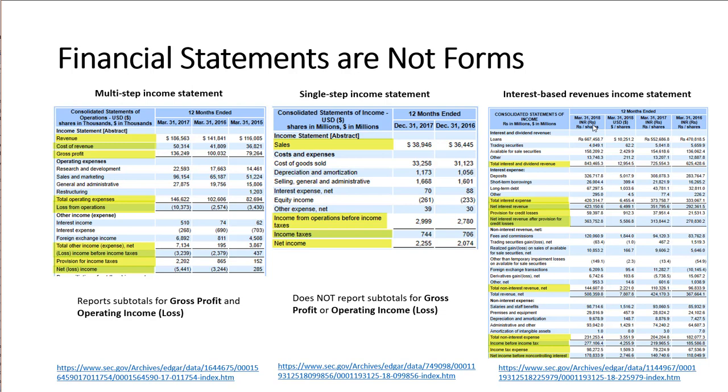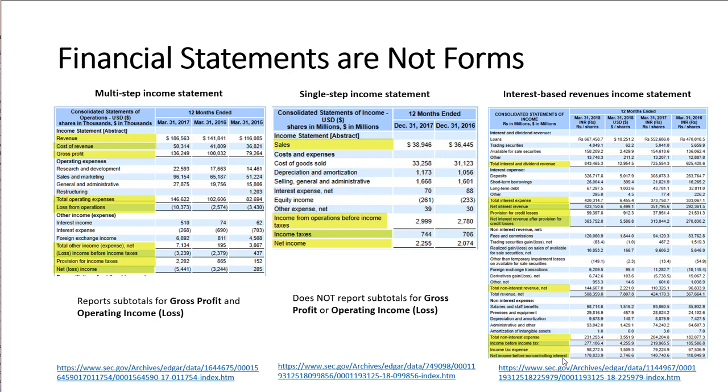So you will have, you notice that all 3 of these statements have net income, loss, or net loss, net income before non-controlling interest. So they all have the common total, which would be comprehensive income. We're not showing comprehensive income here.